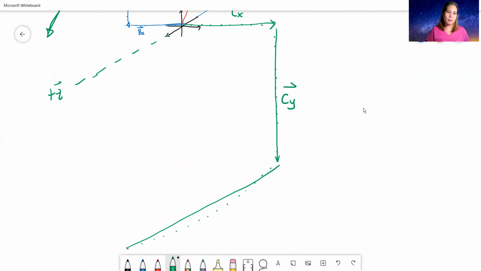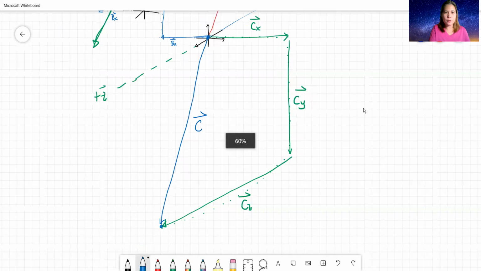This is now C sub Z. Let's use blue, starting at the tail of the first vector that you sketched and ending at the head of the last vector that you sketched. If you connect the 3 here, this is now vector C.